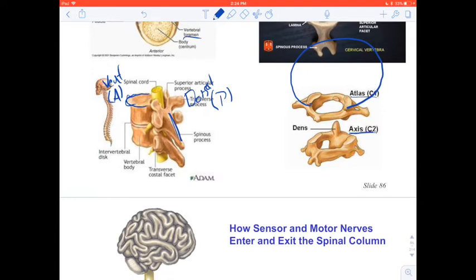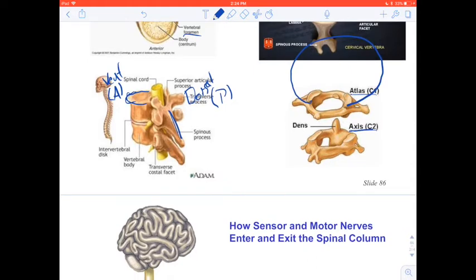So the axis is what allows the globe to rotate. You look to your left, you look to your right. It's what allows us to do that. That's through this little thing right here called the dens, or you may see it as the odontoid process. Sits nicely right here so that this can rotate either way. All right, the rest of our spinal cord's vertebrae lock neatly together. There's not much rotation allowed, but here we kind of have this free rotation either way so we can turn our head.